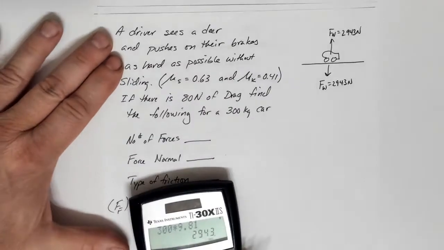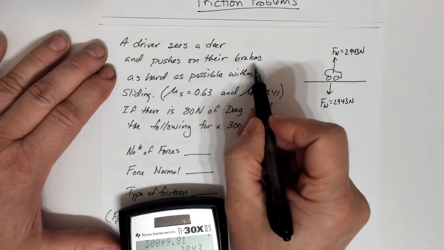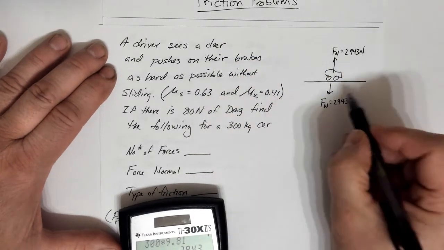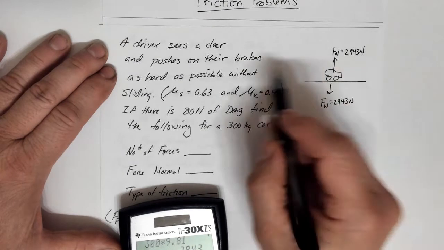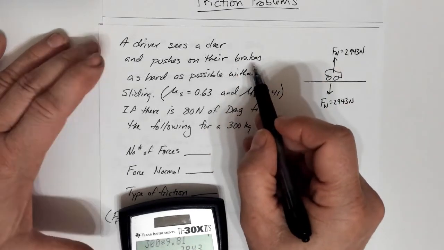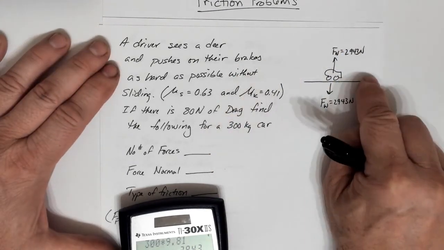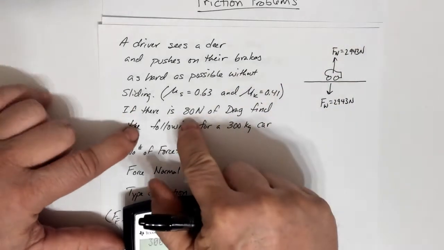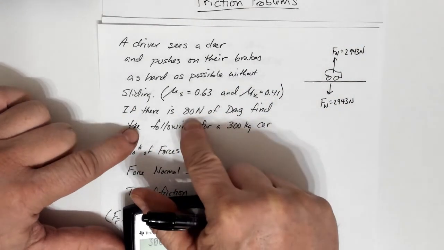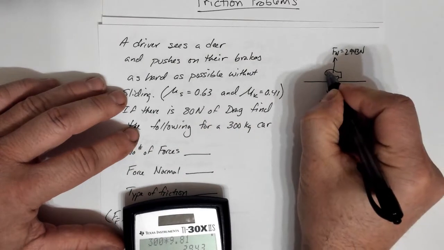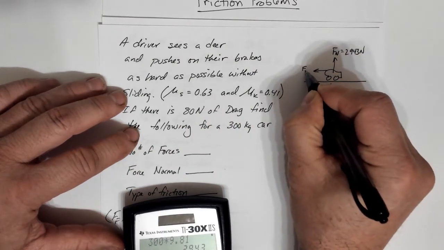Okay, now you've got to remember, if someone is hitting their brakes, they are not hitting their gas pedal. So in a braking or stopping situation, there is no forward force. But they did mention there is a drag of wind during this time because they were driving along. We have force of drag. Okay?